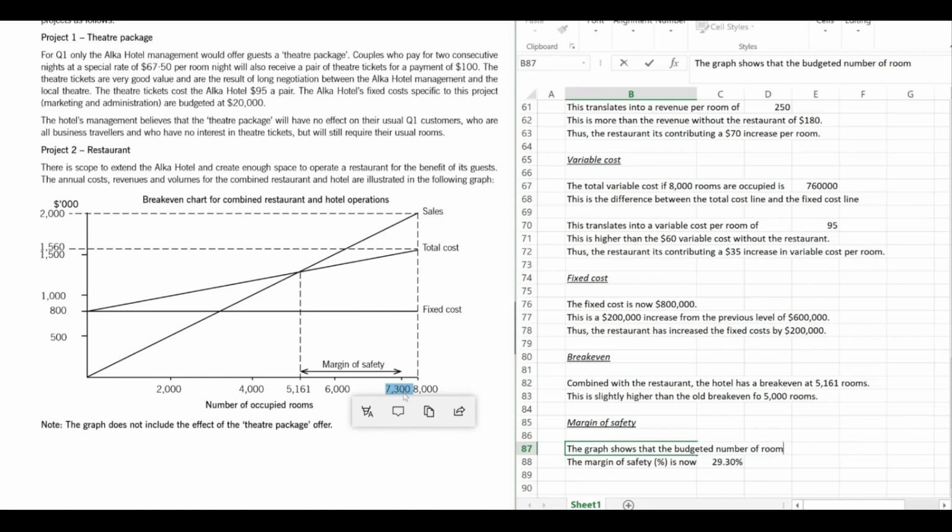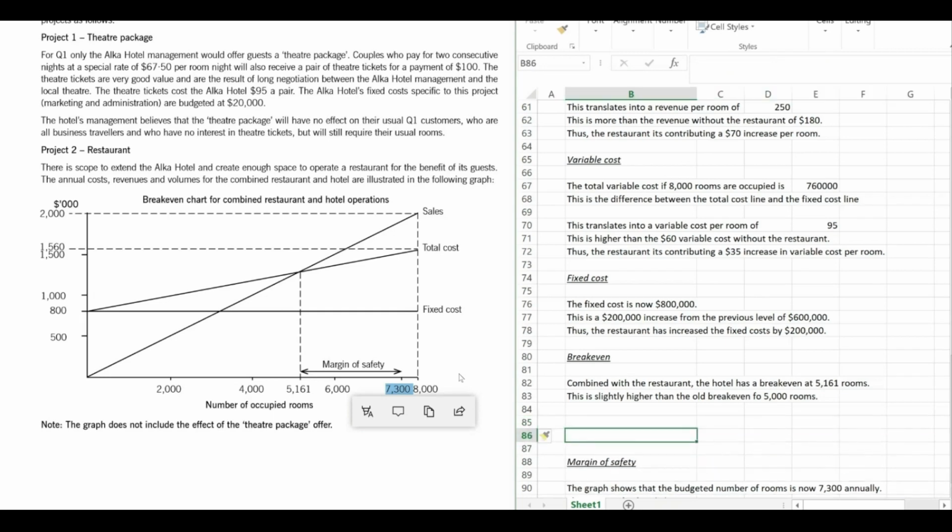There was an occupancy rate of 70%. Let's see how much, because 7,300 out of 8,000 means the occupancy seems to be more than 70%. We'll shift this line elsewhere, right? So the graph shows the budgeted rooms is now 7,300 annually. Okay, let's make that here.